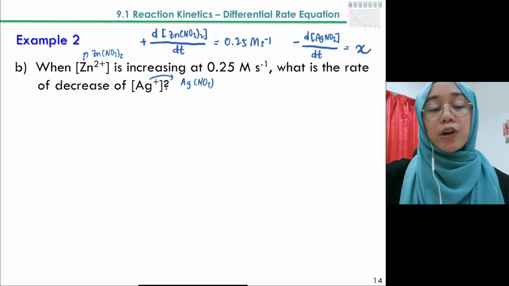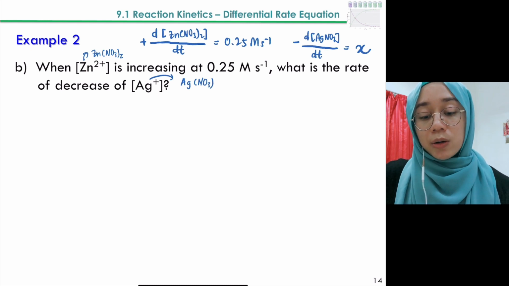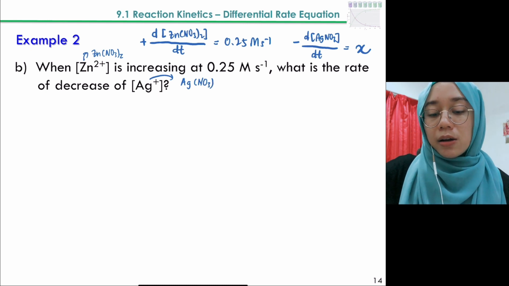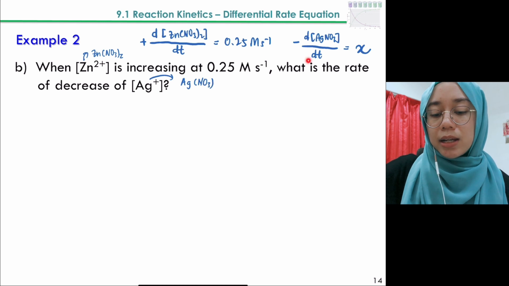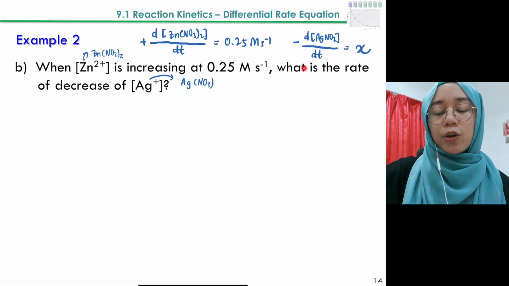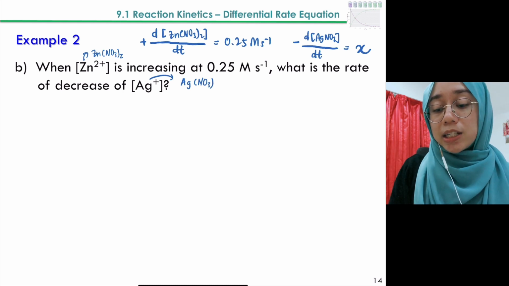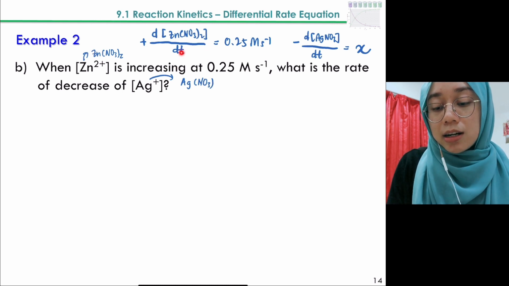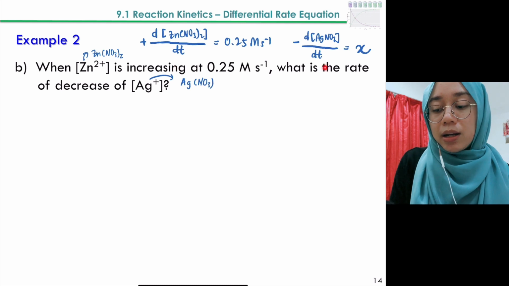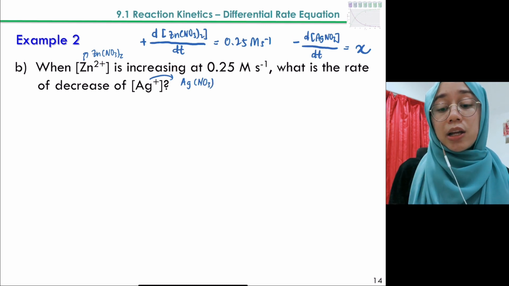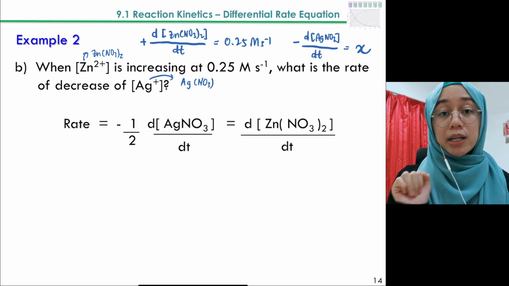So dua info ni yang kita ada sekarang in order untuk calculate the rate of decrease of kita punya silver ion ni. Jadi kita kena tengok balik differential rate equation. Apa sebenarnya relationship antara rate of zinc nitrate dengan rate of silver nitrate? Kita kena tengok balik differential rate equation based on this.